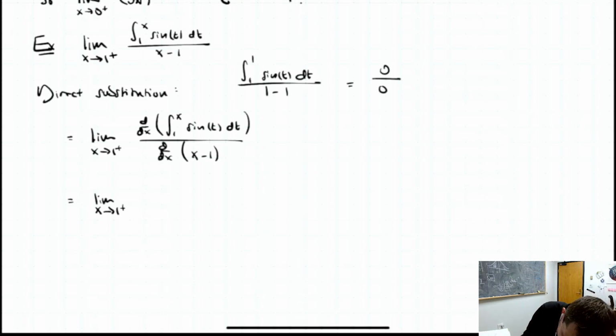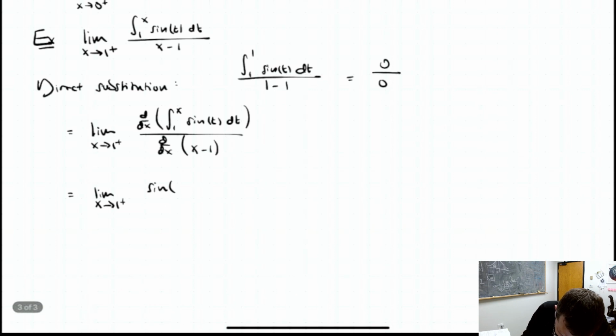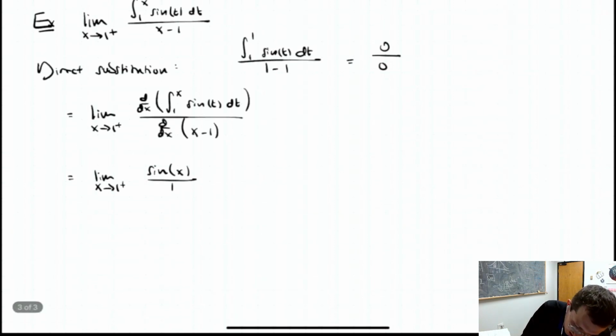And when we differentiate this, all that we need to do is replace the t with an x, which is to say we're substituting the upper bound into the integrand. And in the denominator, the derivative of x minus 1 is 1.